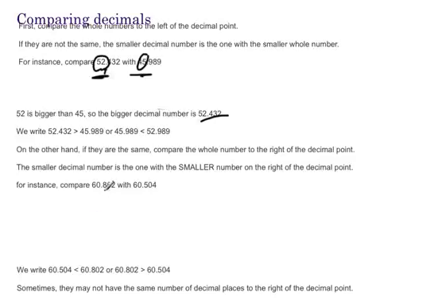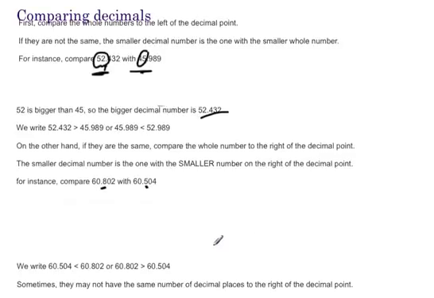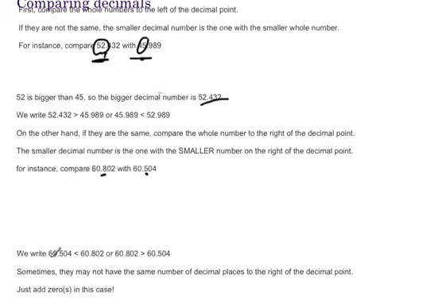So I would look at the 8 and I would look at the 5. Which number is larger, 8 or 5? And you can see that this is the larger number. 60 and 504 thousandths is smaller than 60 and 802 thousandths. Or in reverse, 60 and 802 thousandths is larger than 60 and 504 thousandths. So we're just comparing them. We're looking to the number to the right of the decimal. You just have to look at the first one and move on from there.